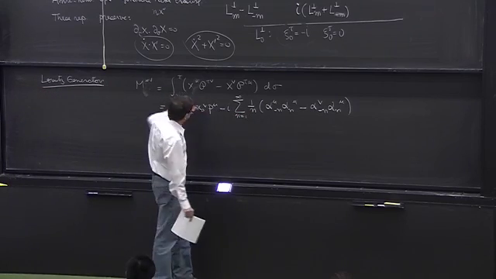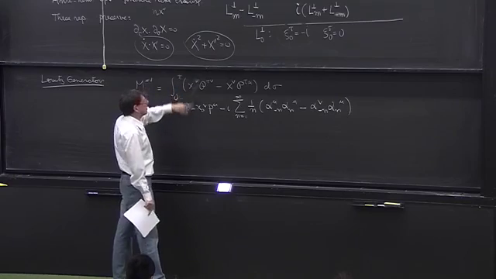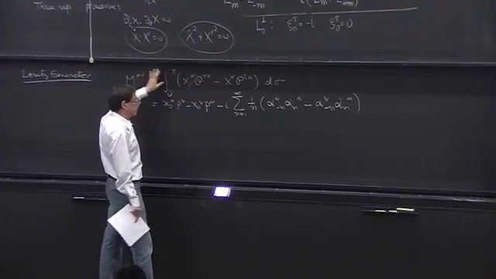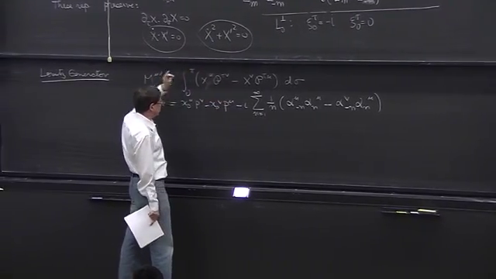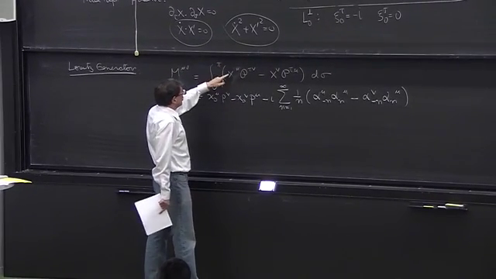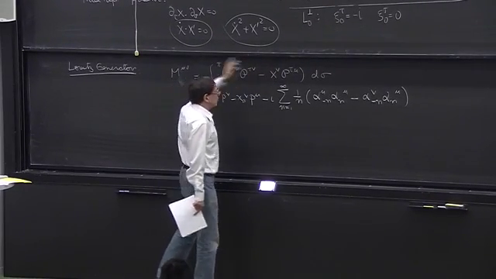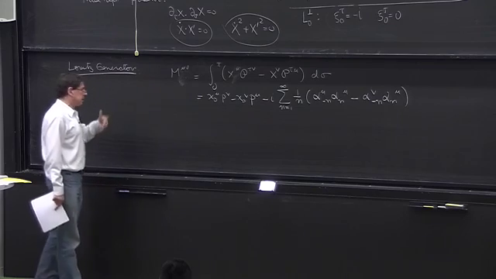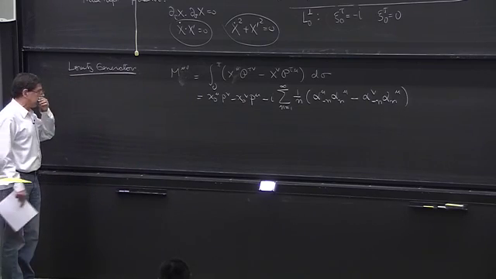Like many of the formulas that I write, this takes about 5 minutes to derive, so we can't do it here, but you have the oscillator expansions of the x's and of the p's, you multiply and you do it.